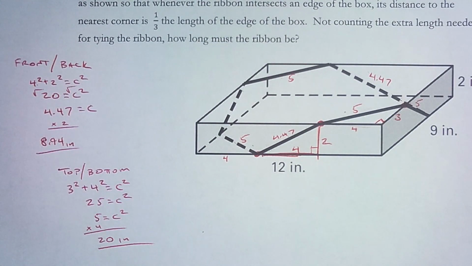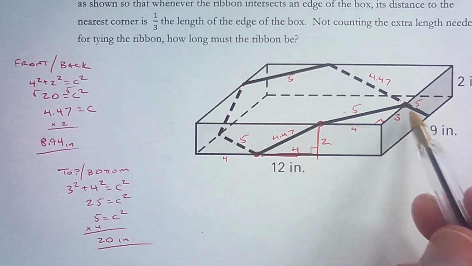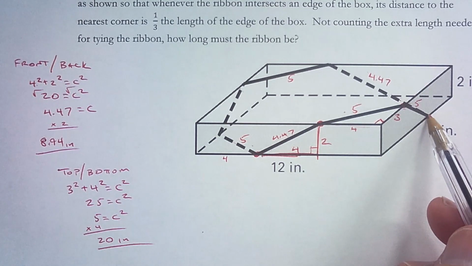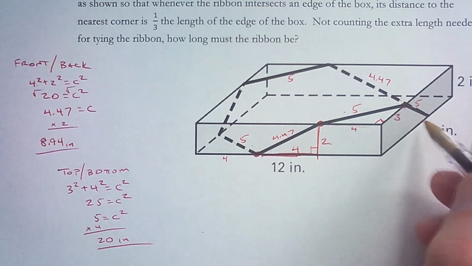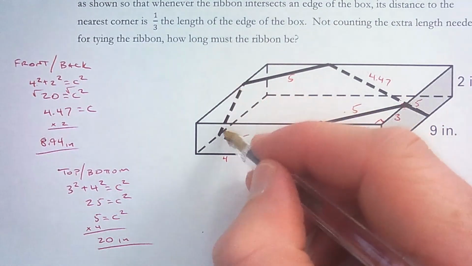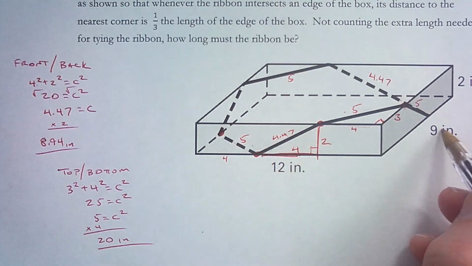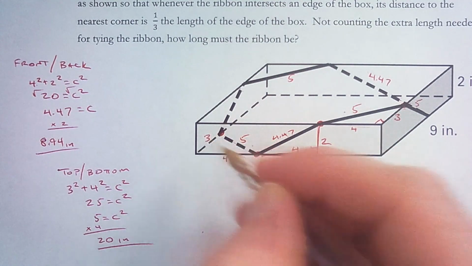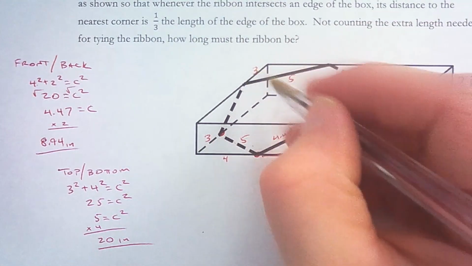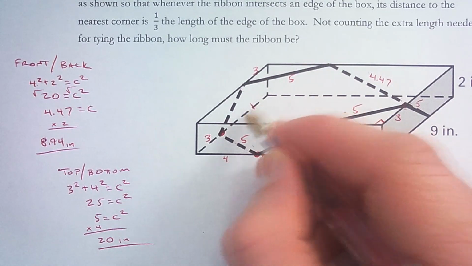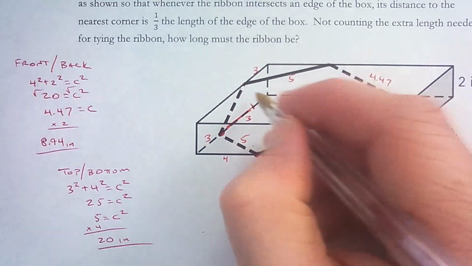Okay, so the last thing that we need then is the left side and the right side. So I'll use this one over here. These intersections with the edge are 1/3 the length of the side away from the corner. The side is 9, so that means this is 3, and that means this is 3, and that means this is 3.